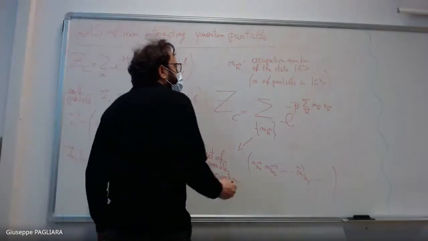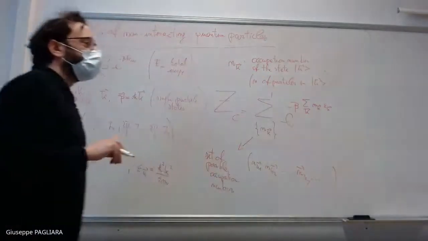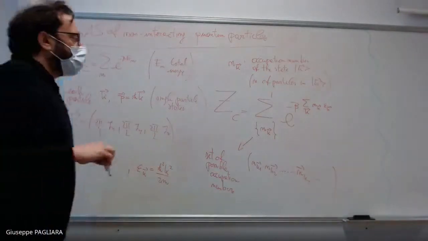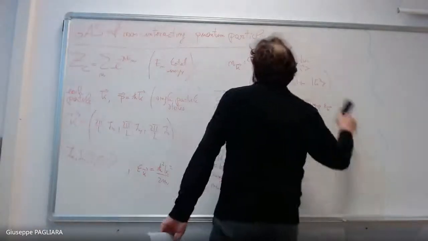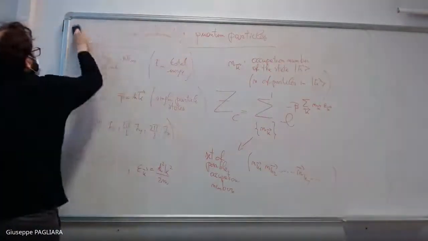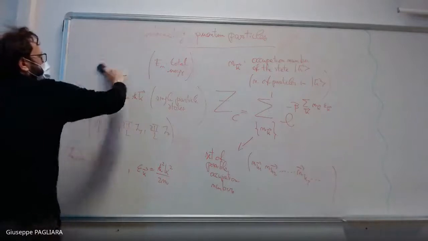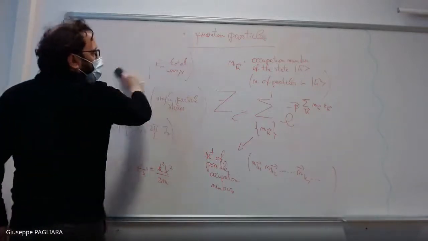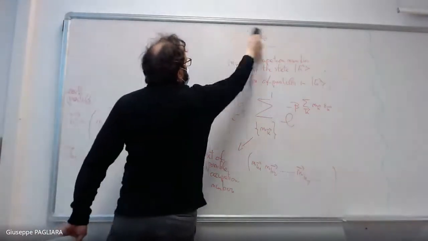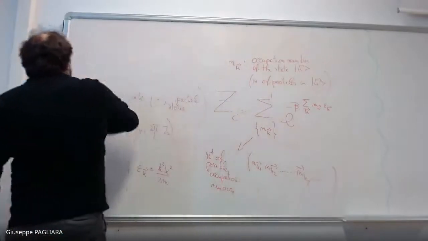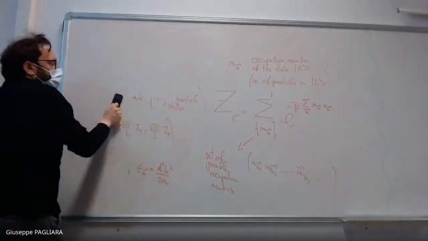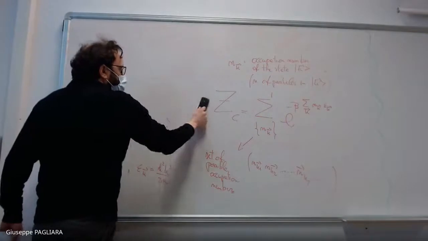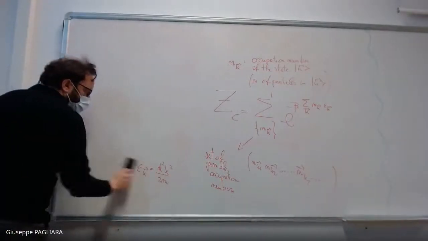Now here, let me put a prime, which is a standard procedure, and this prime indicates that when choosing the occupation number set, I have to be sure, since I am in the canonical ensemble, that the number of particles is conserved.